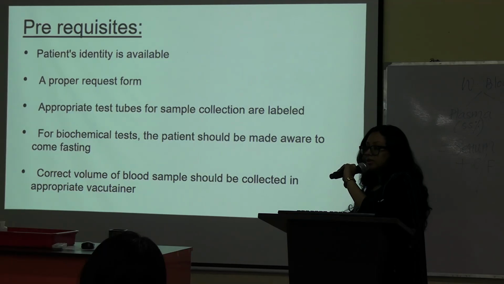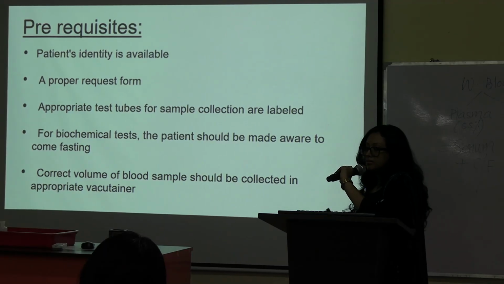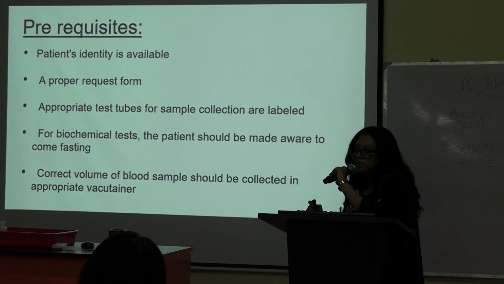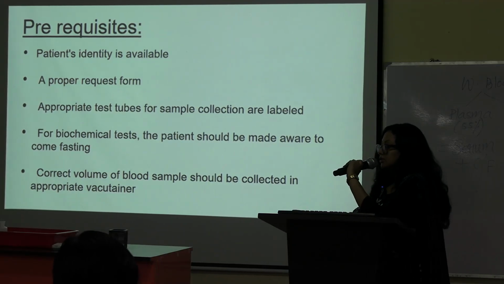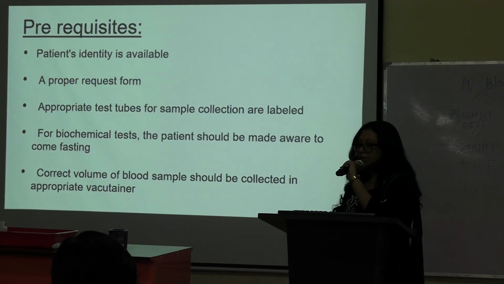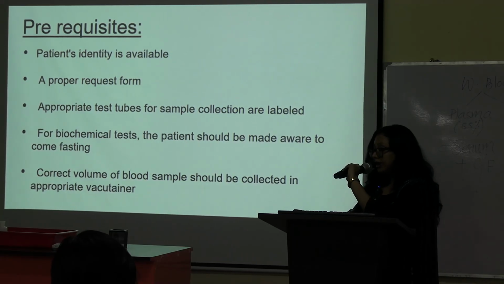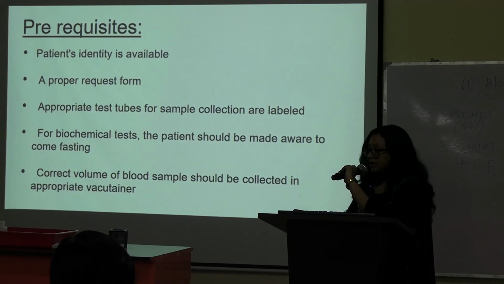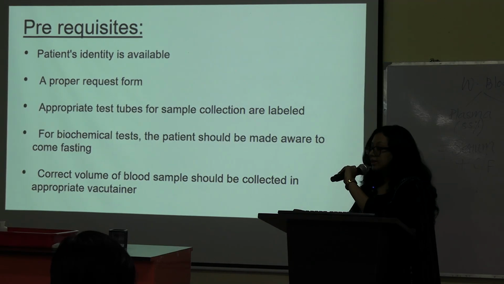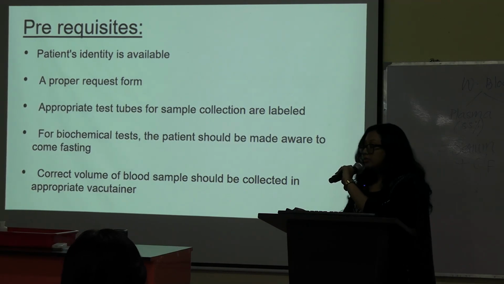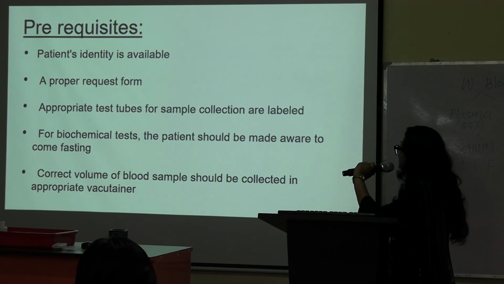For example, the green vacutainer is for ABG, that is arterial blood gas analysis, and the purple one is for CBC. So, if we are doing CBC and we take the green one, we won't get the result. So that's why the appropriate vacutainer is also important.